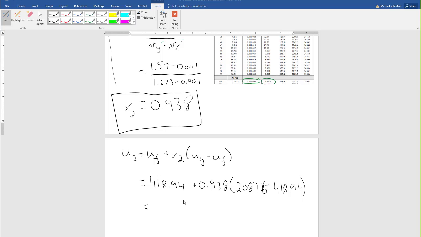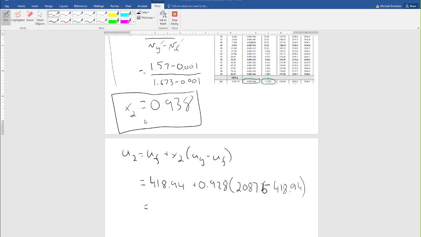Let's try this on my calculator. So I get 2087.6 minus 418.94, times 0.938, plus 418.94.